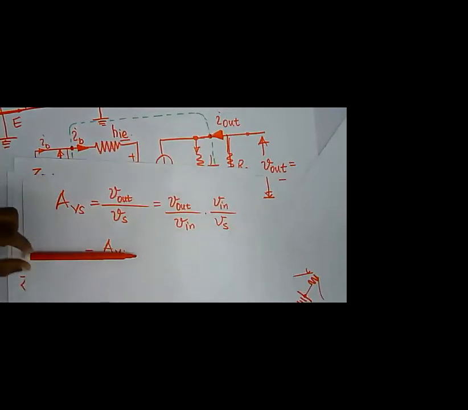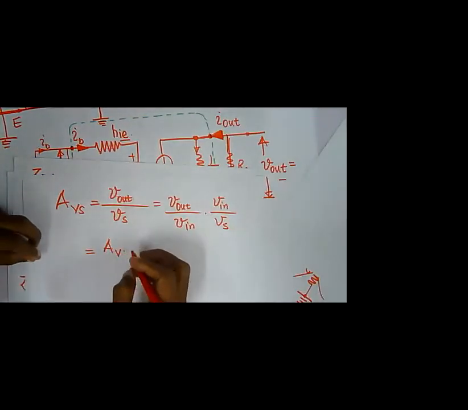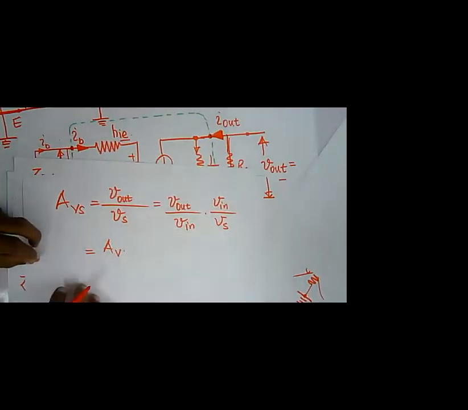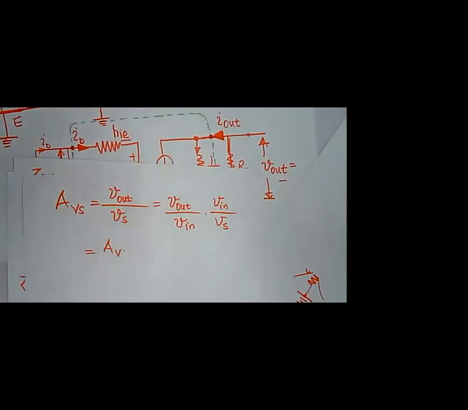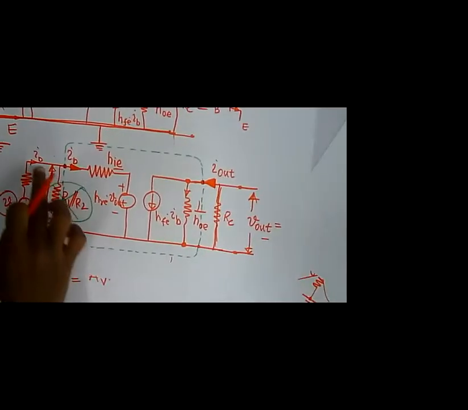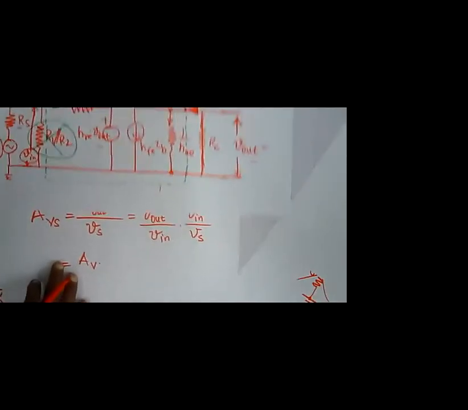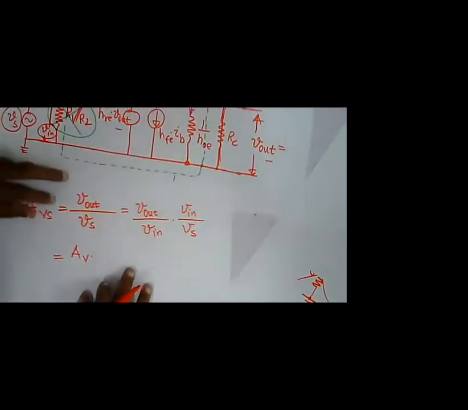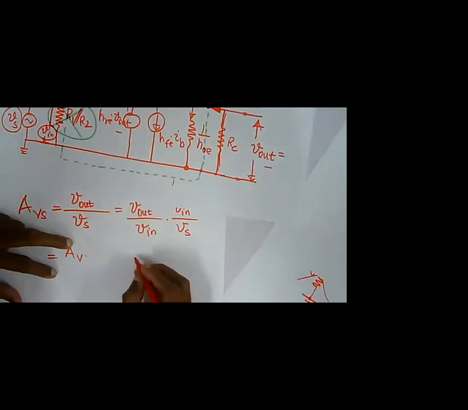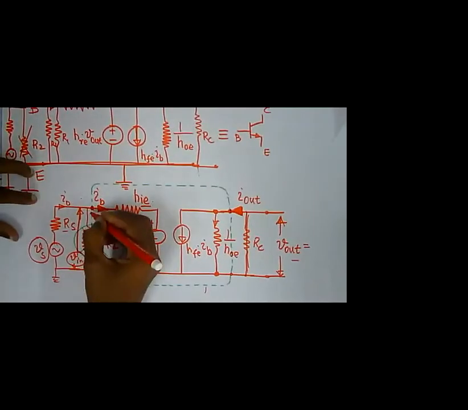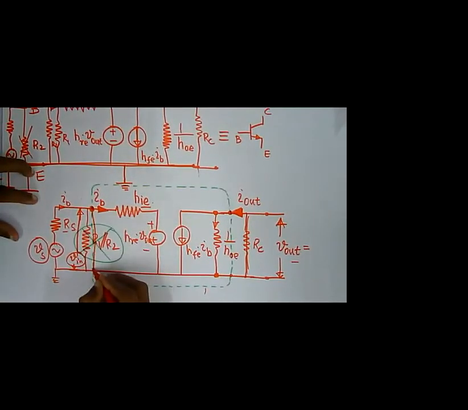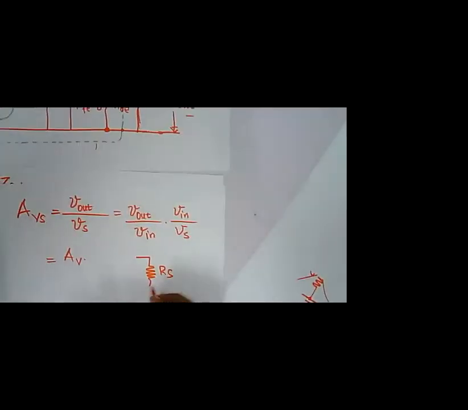Okay. Right. So my AV into V in by Vs. Right. What is V in by Vs? Look at here. You can assume that this is a simple potential divider. Right. So I can redraw this circuit. So this will be my Rs, and then the total resistance between these two terminals becomes Z in, right?